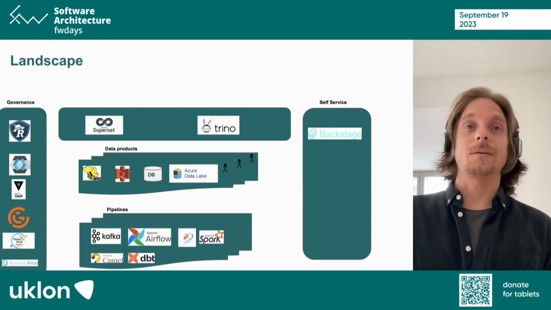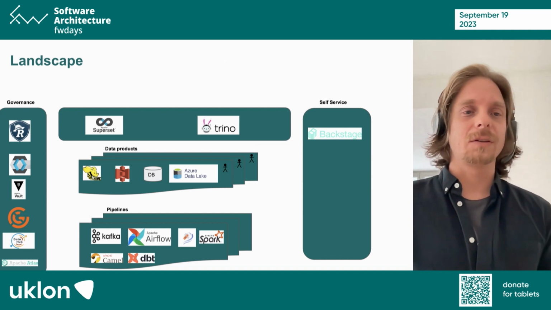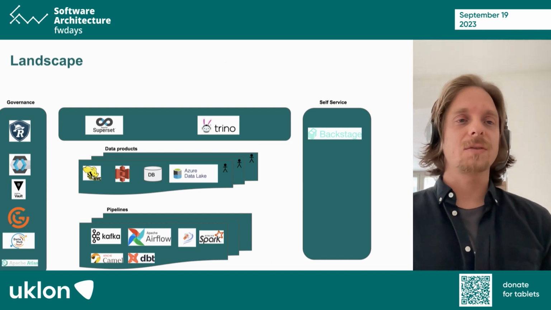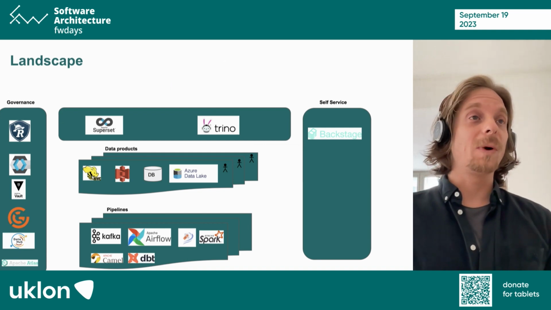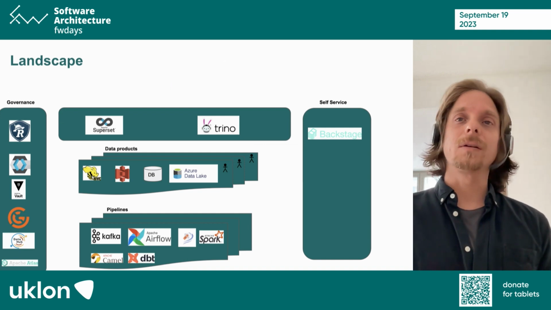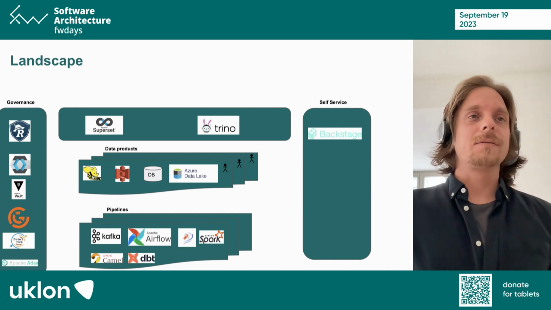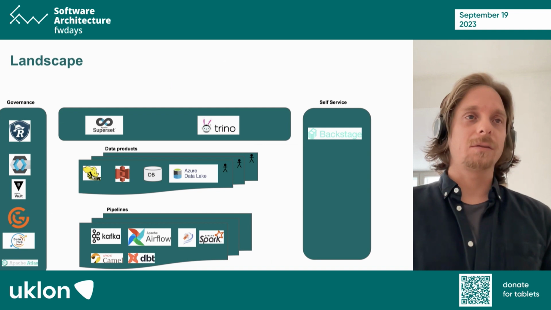Why this setup for governance? Apache Ranger is a known product that has been on the market for a while already, and it helps us to establish governance on, I would say, a low level. It has a good connection to Hive.